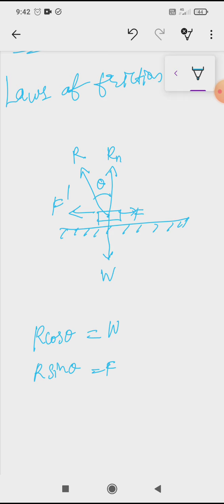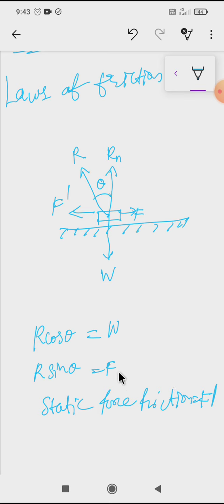At the moment when the force F would just move the body, when it starts moving, the value of F dash or R sin theta is equal to F. This value of F dash, or R sin theta, is called the static force of friction. So when it starts moving, that F dash is called the static force of friction.